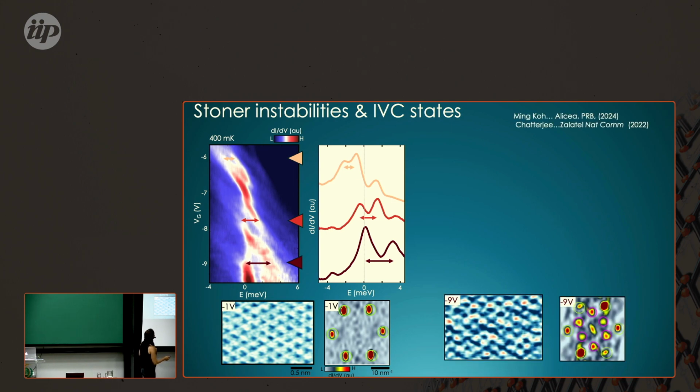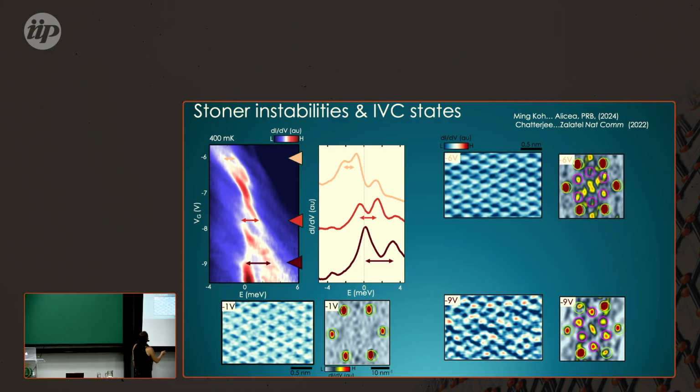If we do the same at the condition where we see the splitting, we see already that the real space is distorted a bit. When we take the Fourier transform, in addition to the graphene peaks, we see another set of peaks located exactly at the reciprocal lattice divided by square root of 3, where the Kekule Bragg peaks are expected to appear.